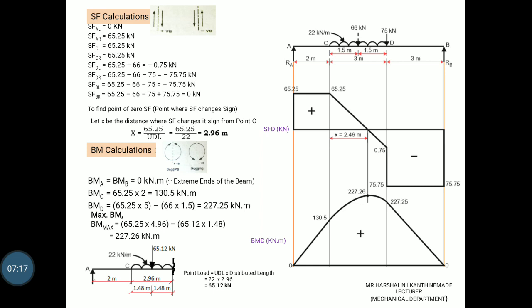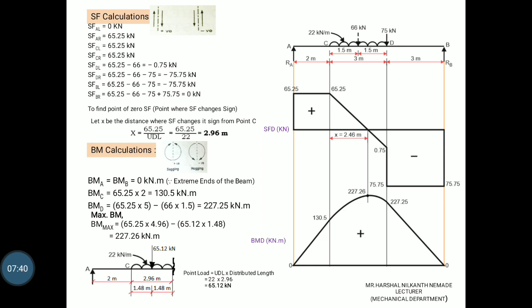So the 2.96 meter I will divide in two parts for the point load of 65.12 kilonewton. So 65.25 into 4.96 minus 65.12 into 1.48. Whatever value I get will be the maximum bending moment, that is 227.26 kilonewton meter.